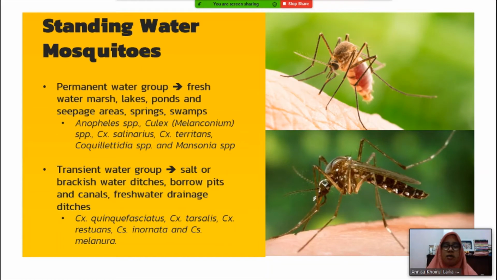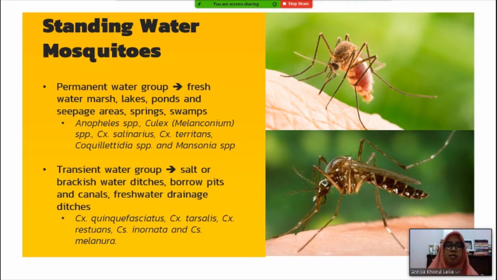So the first, standing water mosquitoes, we can divide into permanent water groups or transient water groups. The permanent water groups usually are freshwater marshes, lakes, ponds, seepage areas, springs, and swamps.